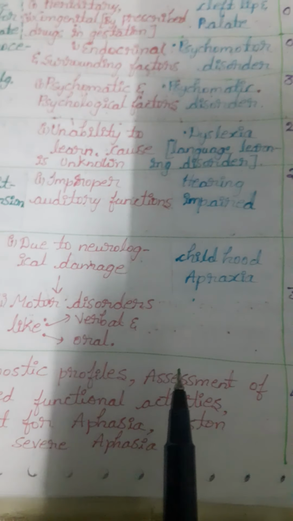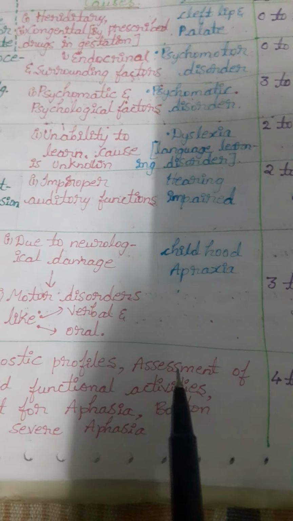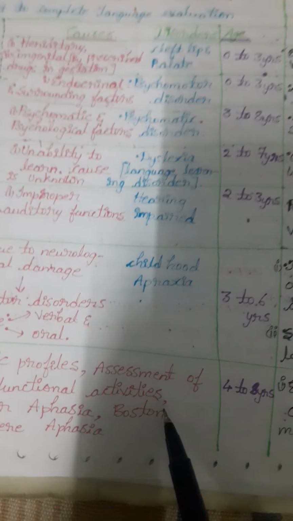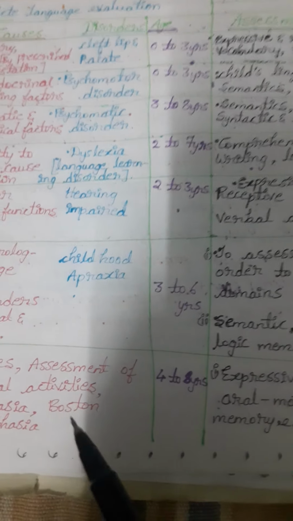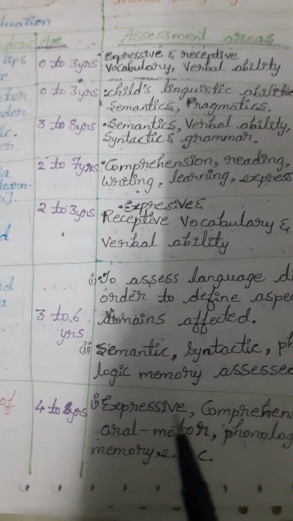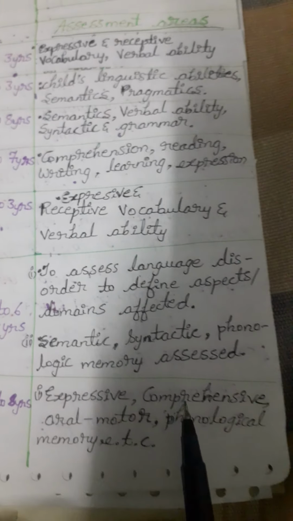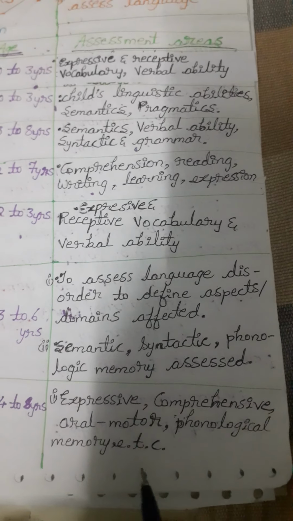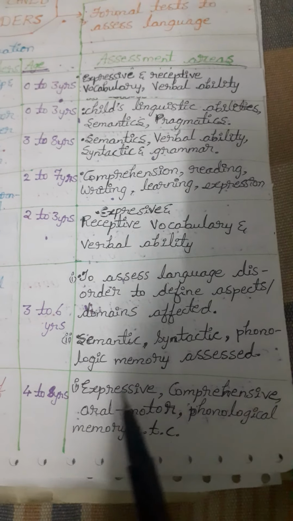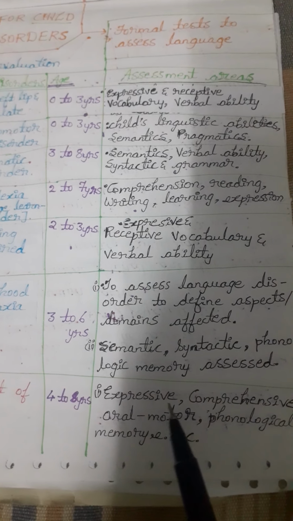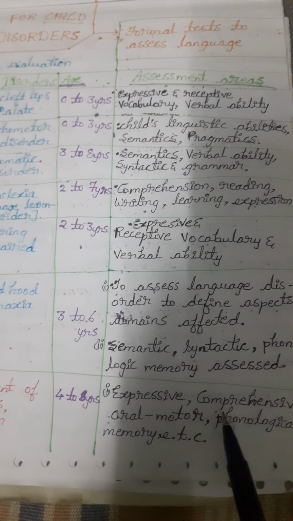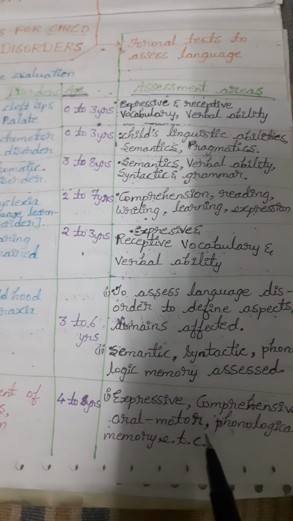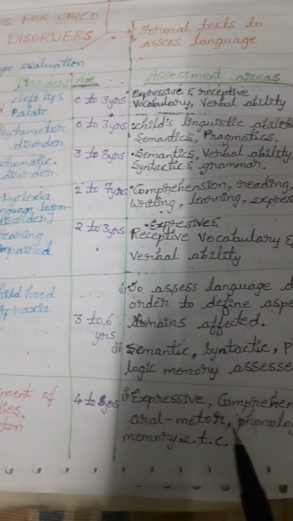As we know, Broca's is meant to produce speech, and Wernicke's is to understand the language and speech. So these can be the types under aphasia. Assessment areas are expressive, comprehension, oral motor, and phonologic memory, etc. Phonologic memory is the ability to hear the words and understand accordingly. Phono is nothing but sound. Sound of the words should be audible clearly to the child.